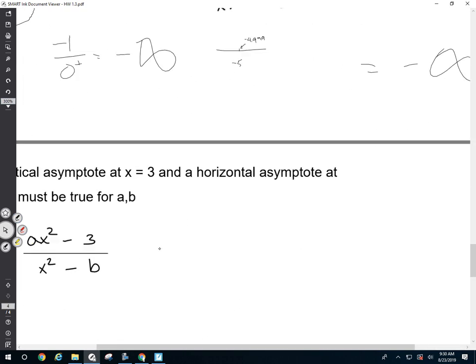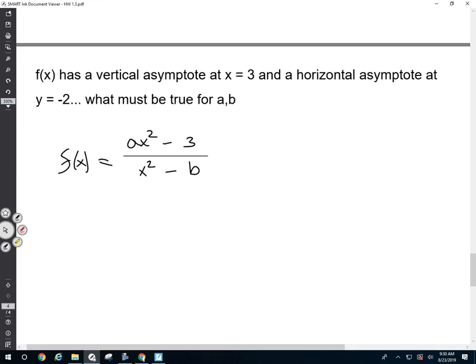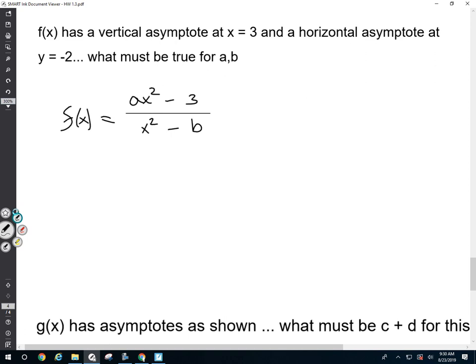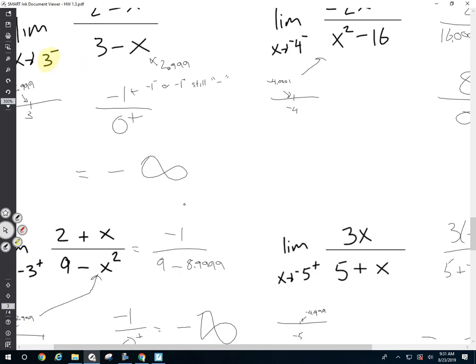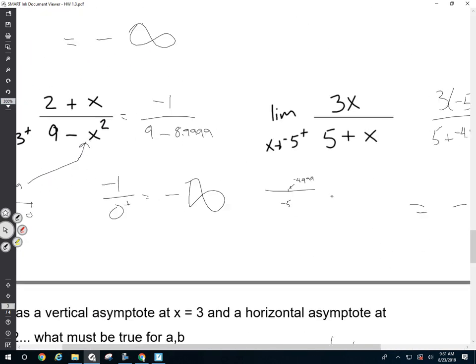Okay? Last 2 questions. F of x has a vertical asymptote at x equals 3. Got a horizontal asymptote at y equals -2. What must be true for a and b? 2 different situations, right? Let's think about the vertical asymptote first. Vertical asymptote at x equals 3. What is true about all of these situations where we have a vertical asymptote?